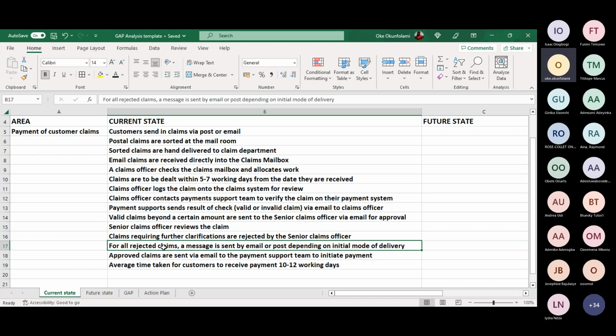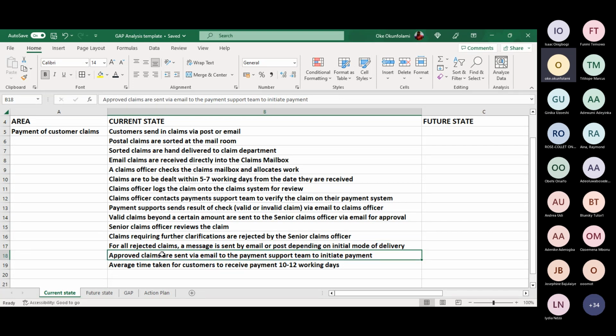So what that means is that if, as a customer, you sent in your claim via post, and it's now discovered that that claim is invalid or it's been rejected, the rejection message inside that letter will be sent to you via post. However, if you send it via email, then an email with the rejection message will be sent back. So it depends on the initial mode of delivery.